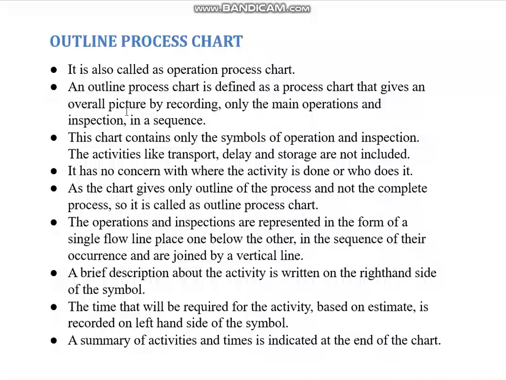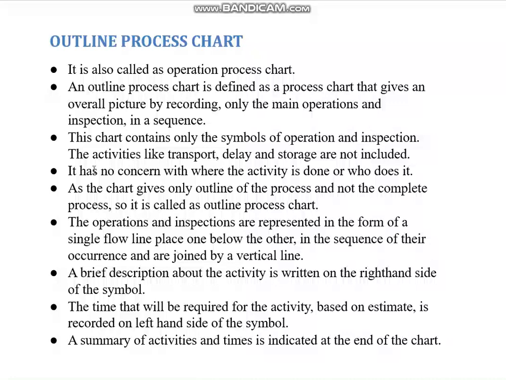Only big activities will be recorded here, the overall picture, by recording only the main operations and inspections. Operations are the circle symbols and inspections are the square symbols. Only those symbols will be used. This chart contains only the symbols of operation and inspection. Circle and square only will be there in this chart.